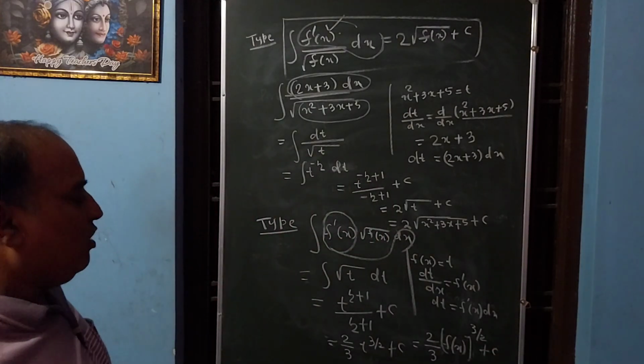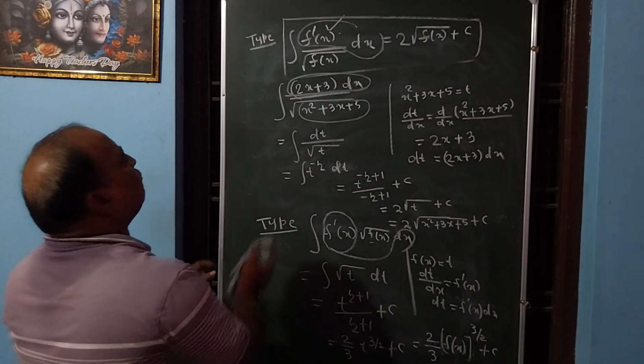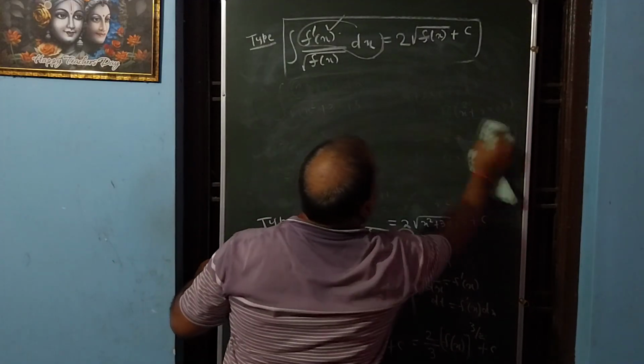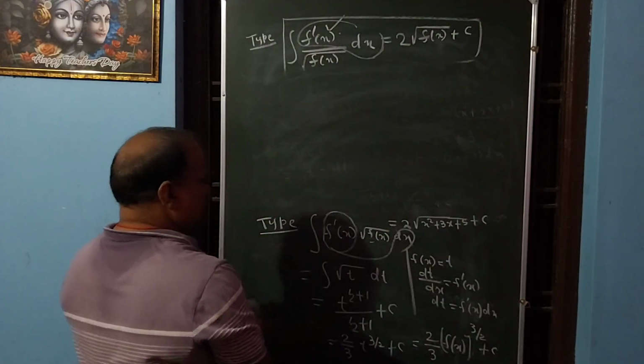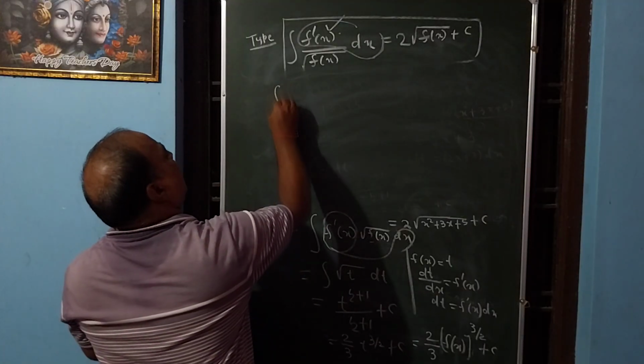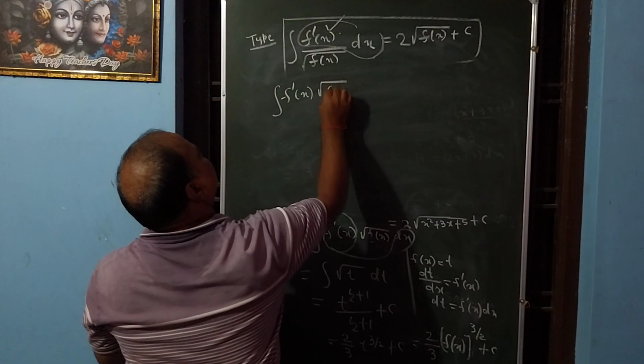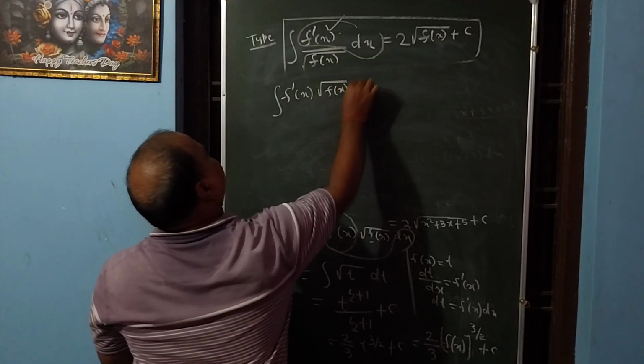Okay, so you have to remember this is one formula. Write down the formula. Integration of f dash x root over of fx dx.